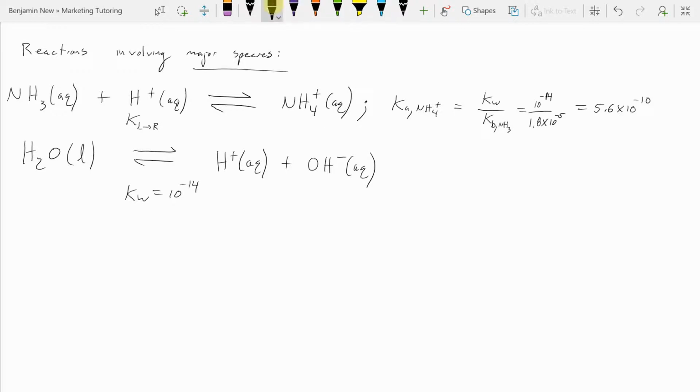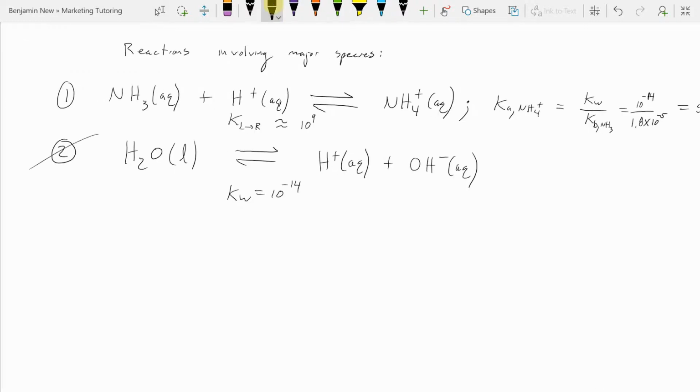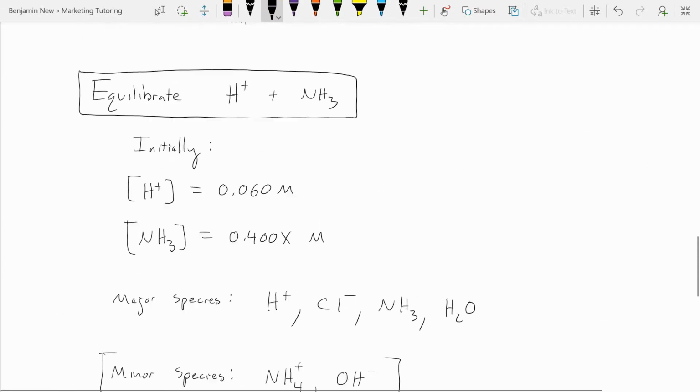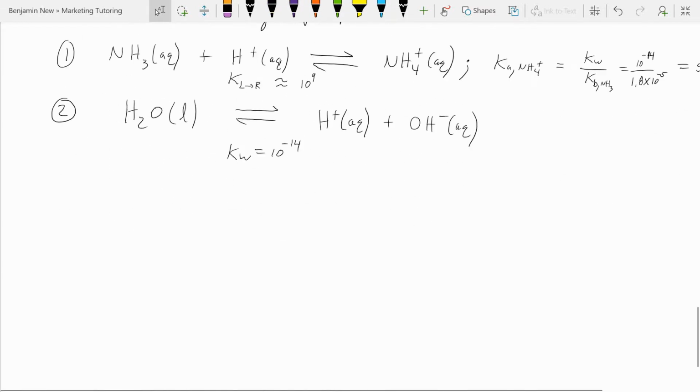Since the other direction is the acid dissociation, we would get 5.6 times 10 to the minus 10, so the inverse of that. And so I'm just going to write approximately 10 to the 9th power, positive. So that's huge. So already we can see that 2 is definitely not the major contributor to what happens when you add H plus to ammonia.